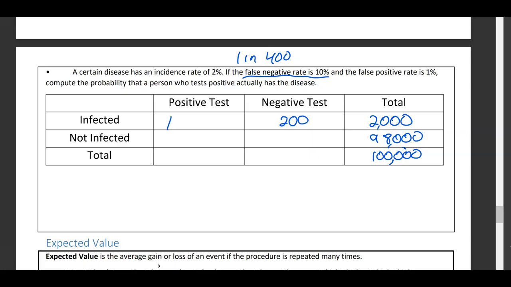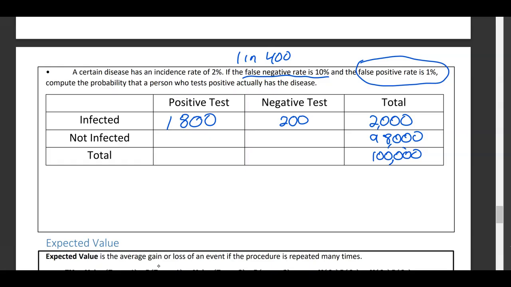The other 1,800 people, that's 2,000 minus 200, got a true positive test. They're infected, they got a positive test. That's what it should have done. Now the false positive rate, it's positive and it's false. They were not infected and they got a positive test result. That's false.